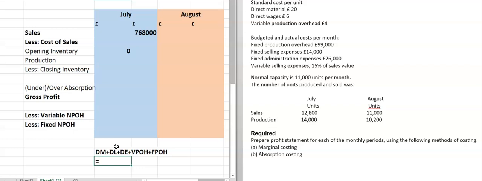So the direct material would be 20, direct labor is 60, direct expense is nothing, and variable production overhead is 4 plus fixed production overhead. You need to calculate. How to calculate fixed production overhead?